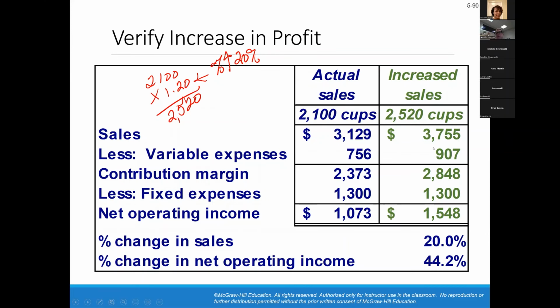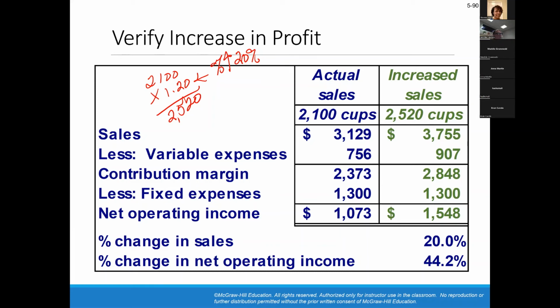Multiply the new quantity times 36 cents, 907. So now I have a contribution margin of 2,848. Less my fixed expenses would stay the same. So now my net operating income went from 1,073 to 1,548. So if I check that, the difference should be 44.2% as my change in net operating income. So I can check that real quick to see.